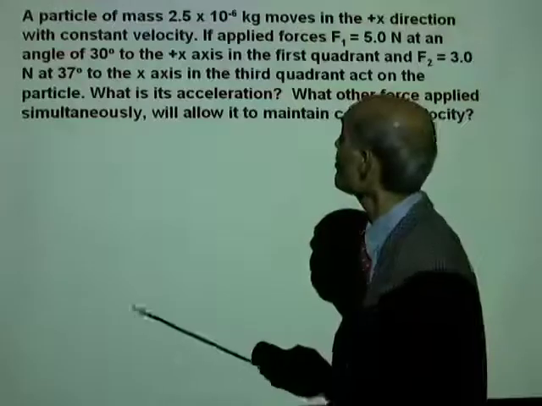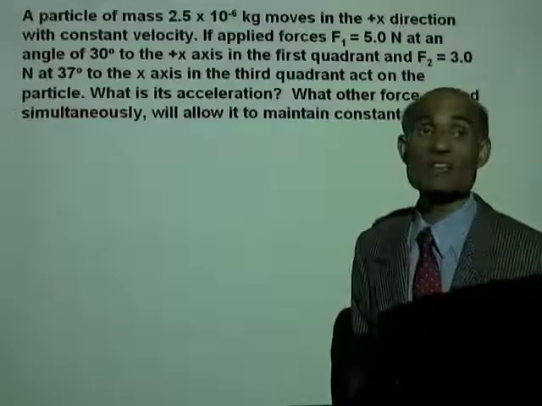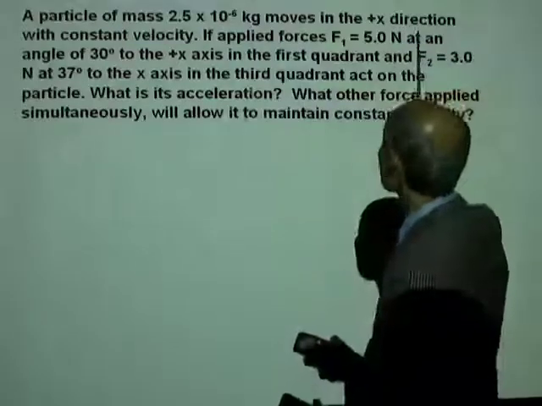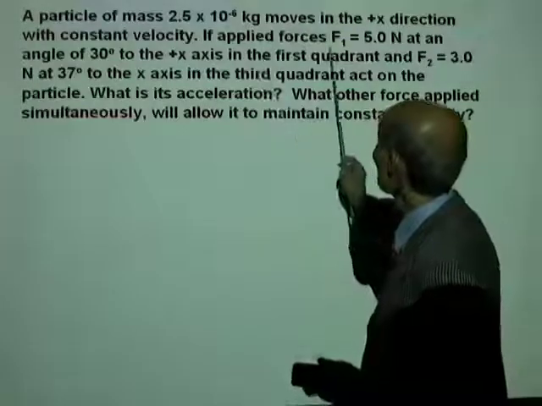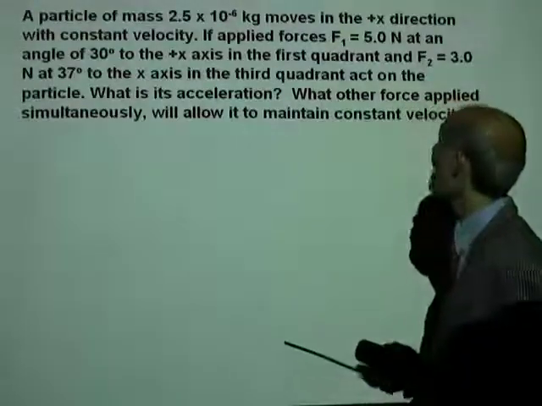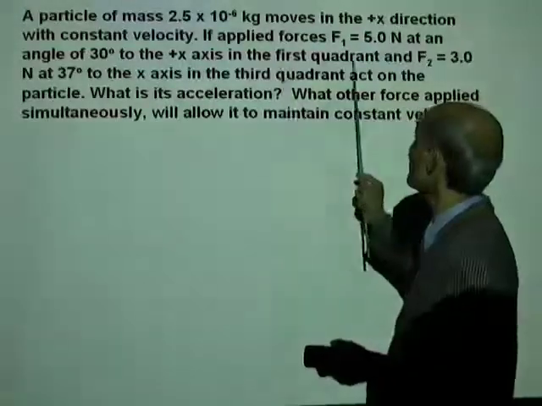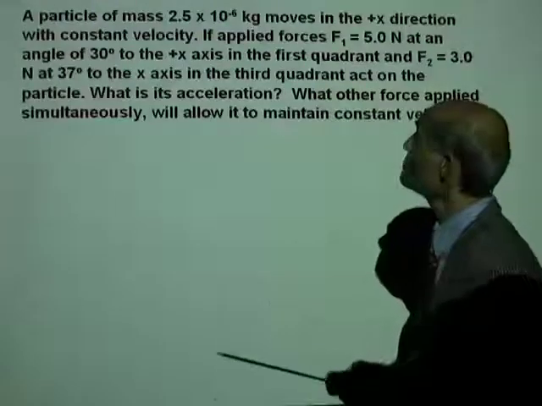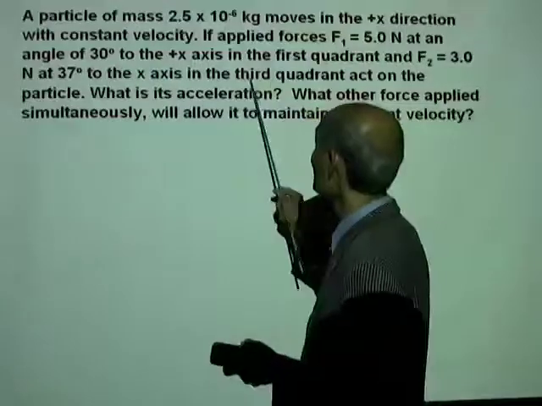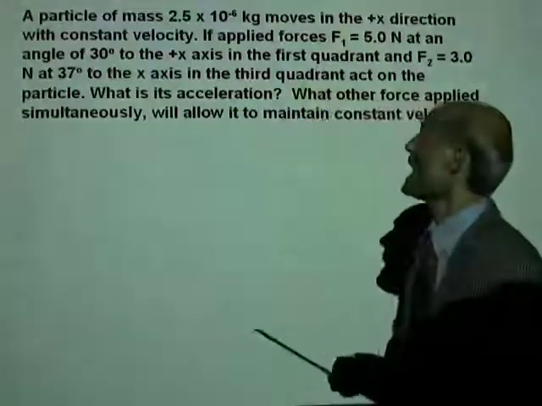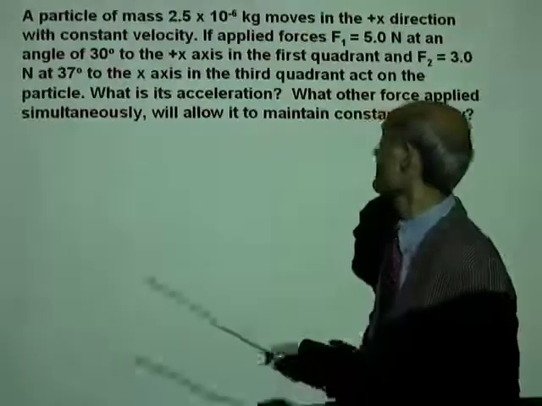A particle of mass 2.5 times 10 to the negative 6 kilogram moves in the x direction with a constant velocity. If applied forces F1 equal to 5 Newton at an angle 30 degrees to the x-axis in the first quadrant, and F2 equal to 3 Newton at 37 degrees to the x-axis in the third quadrant, act on the particle, what is its acceleration?